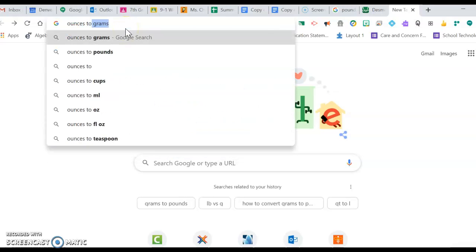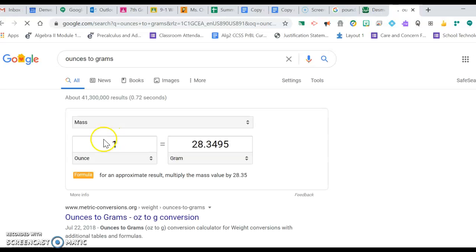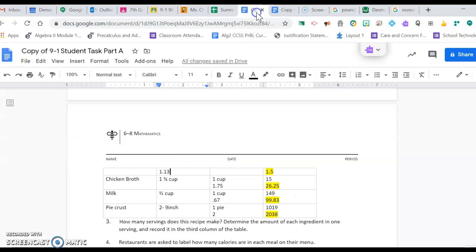Ounces to grams. Okay. 14.02. 397.46. Alright, this is 2/3, right?